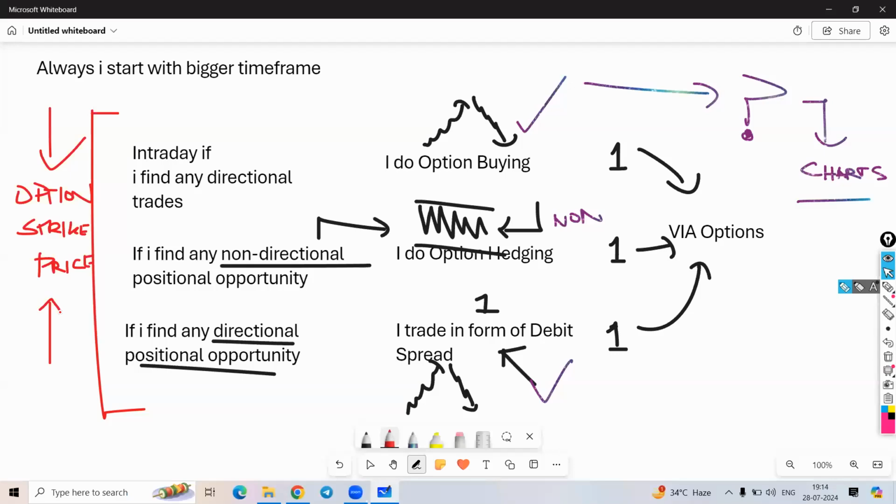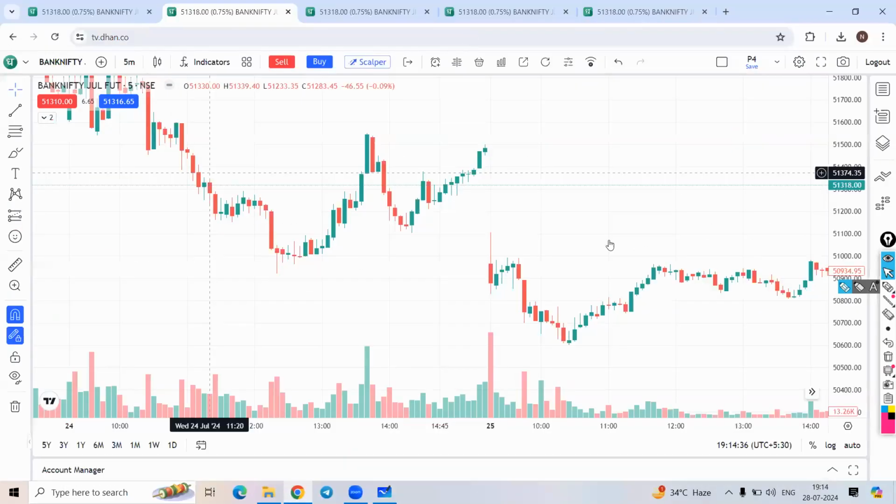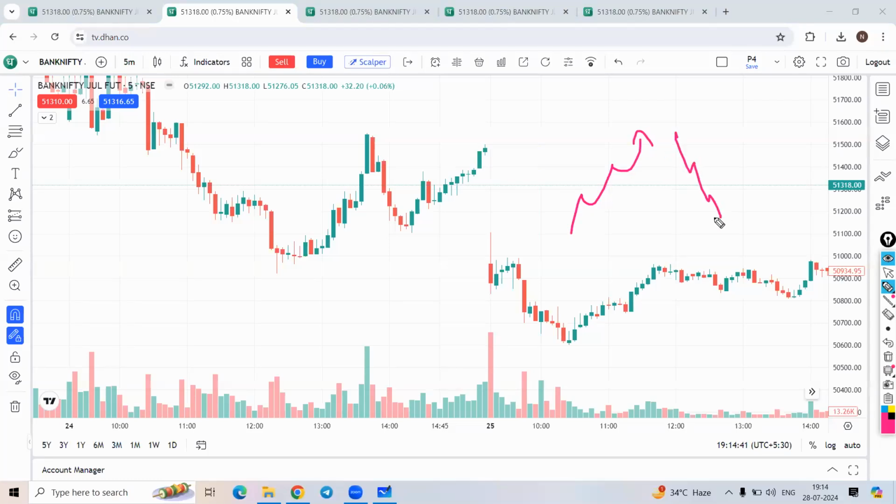When I'm focusing on the chart, trying to identify the market direction, whether the market is moving up, moving down, or sideways, at this stage I don't need options. Only at the time of entry, I execute it with option trading. That's it. It's just a simple mode of executing the trades.